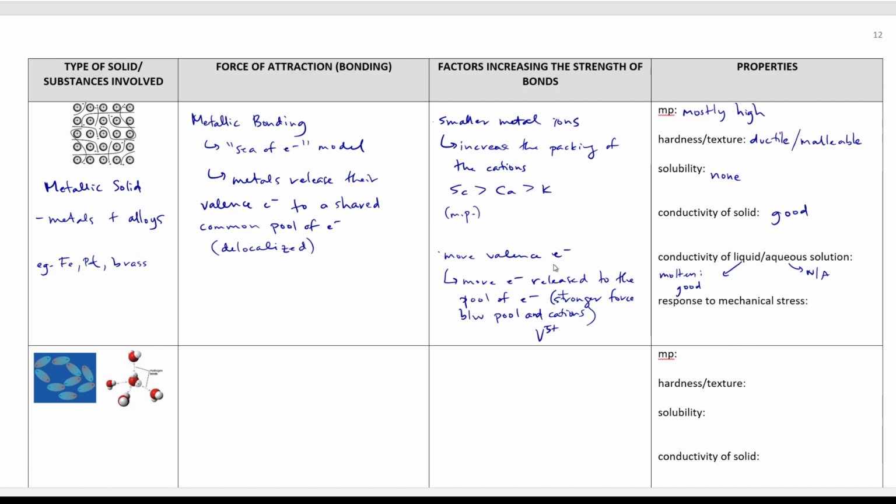And response to mechanical stress is that it can change shape, can bend, or it can flatten or be pulled. All right, so that covers metallic bonding.